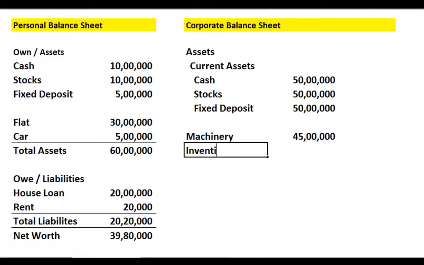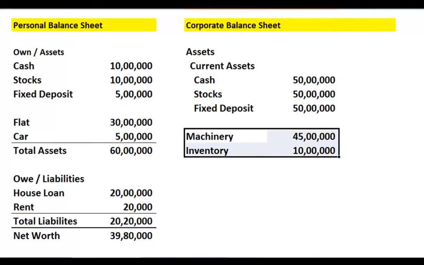Then they have some inventory. What is inventory? We saw in our previous example. Inventory is essentially Domino's or any company has got cheese and olive oil and vegetables and all that in stock in some godown somewhere so that they can be prepared for the next week's demand. That's inventory. That's something the company owns. It's its own asset. Maybe they have inventory worth 10 lakhs.